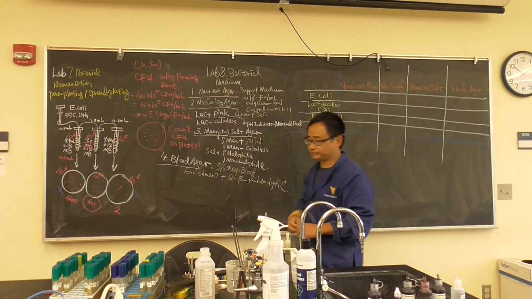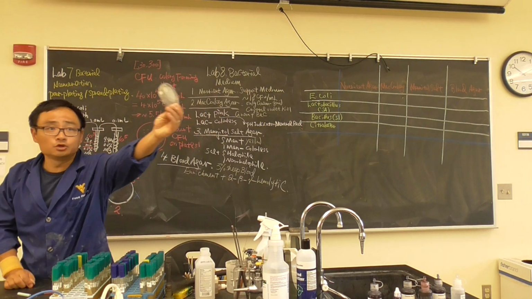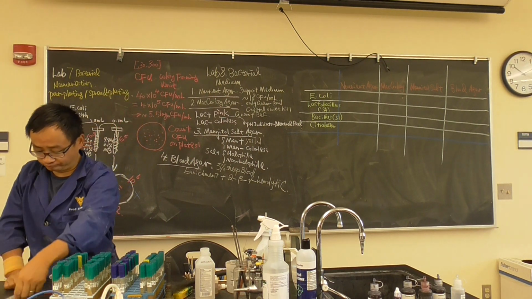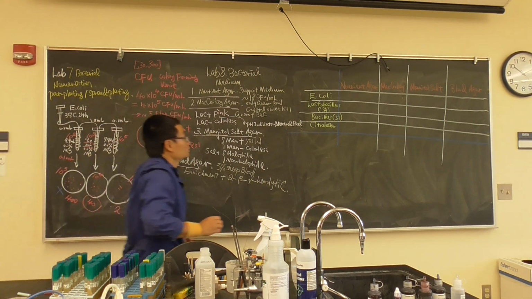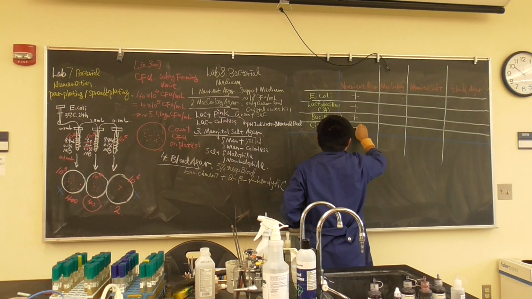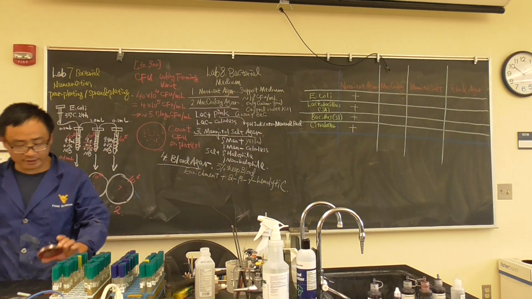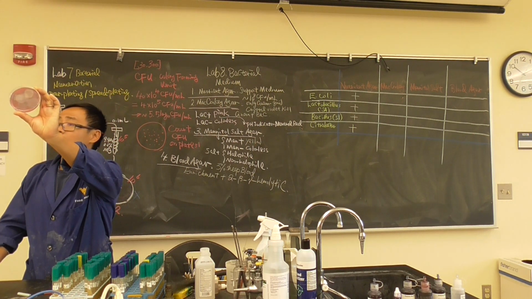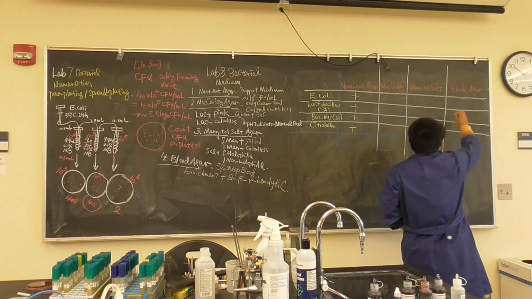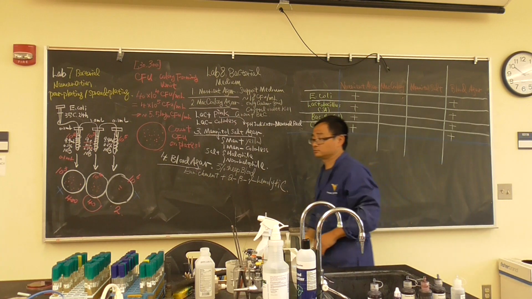It's a table. First of all, this is your nutrient agar. Everybody look. It should all grow. Is that correct? Okay. So we put positive, positive, positive, positive. No question about it. Let's look at your blood agar. First of all, everything should grow.